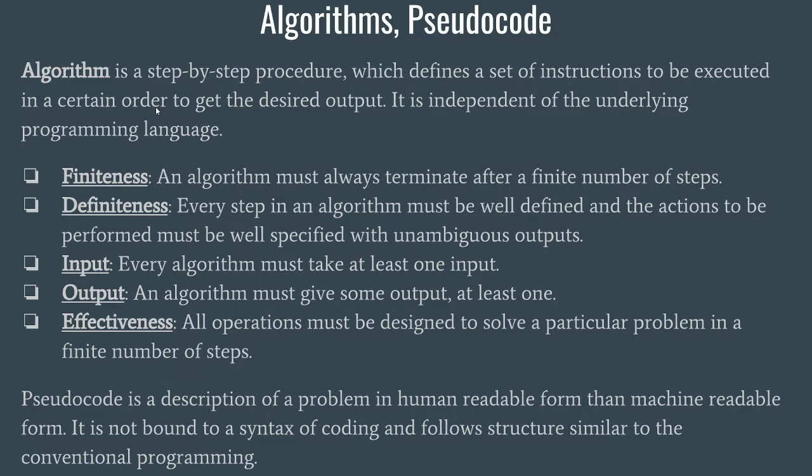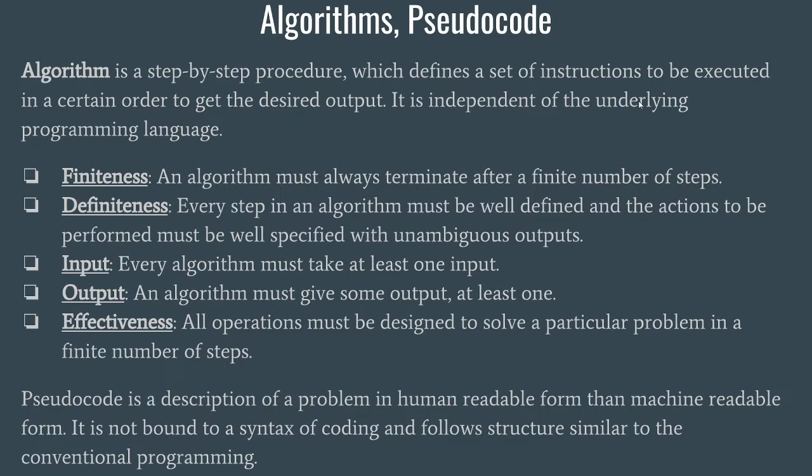Obviously, in order to solve a problem, you cannot just take any step in a haphazard manner. You have to consider one particular order and proceed in that order itself, and only then shall you get some relevant output. The ultimate goal of any algorithm or any code is to get to an output.